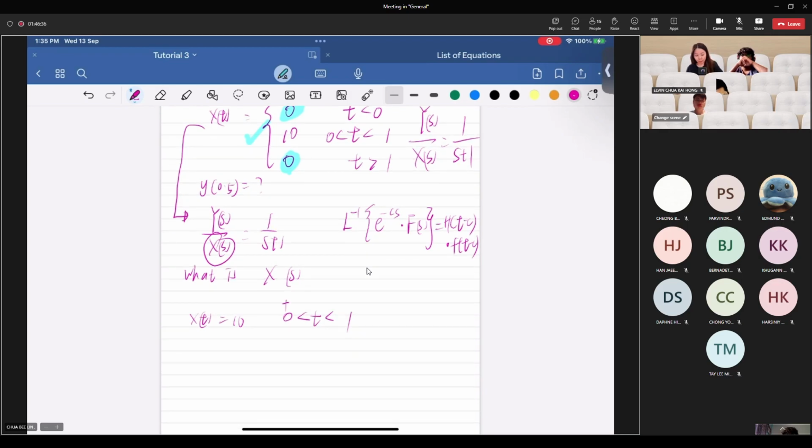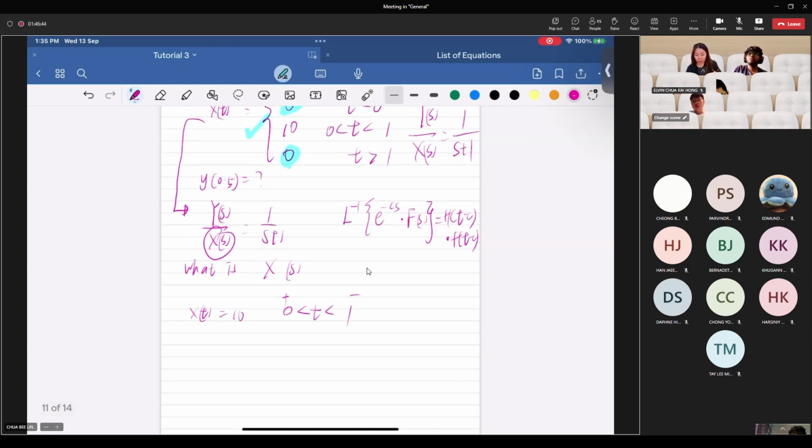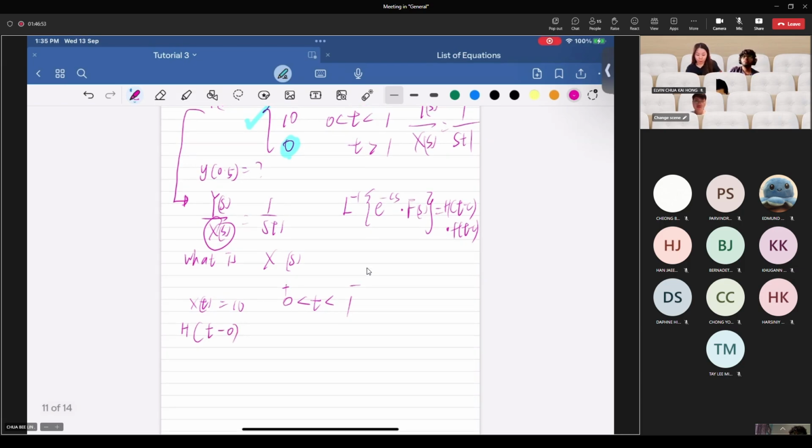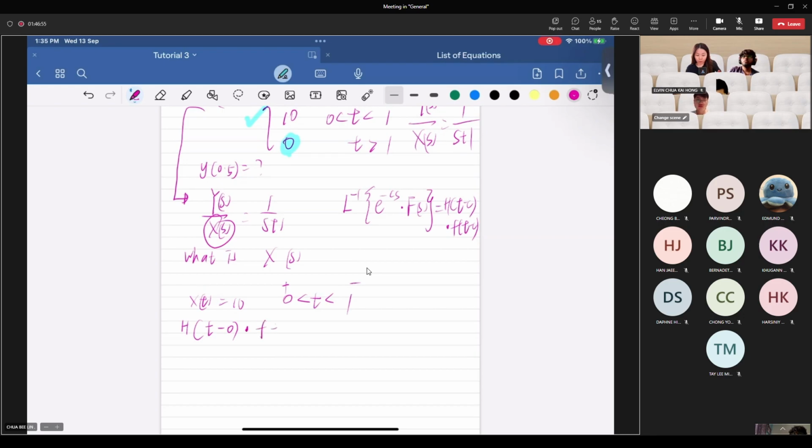This means plus, this means minus. So you'll have the equation that you start with: h(t) minus the first one, 0, multiplied with f(t). So this is 0. I just repeat whatever you have learned last time. Then here is minus.